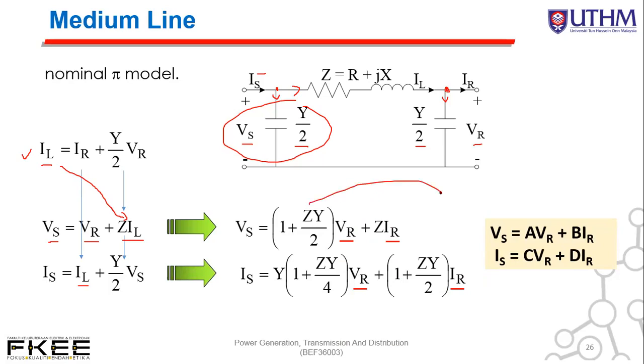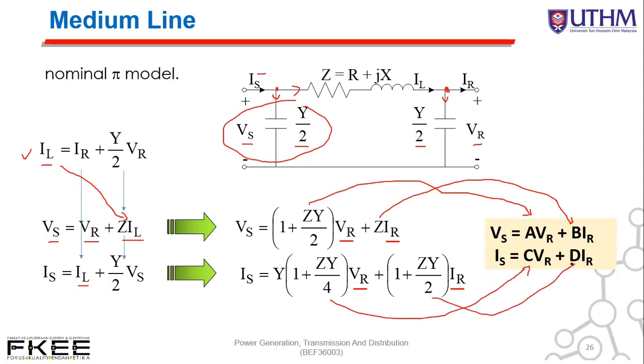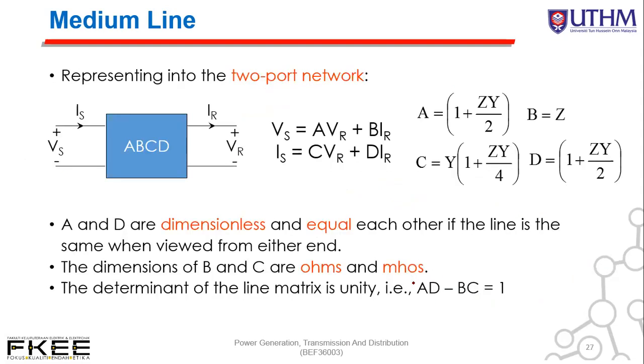We got A equal to 1 plus ZY over 2, B equal to Z, C equal to Y (1 plus ZY over 4), and D equal to 1 plus ZY over 2, the same as A. Representing it as a two-port network, it is simply like that.